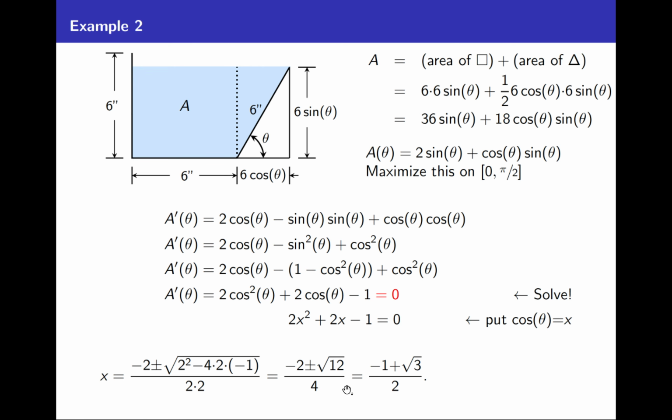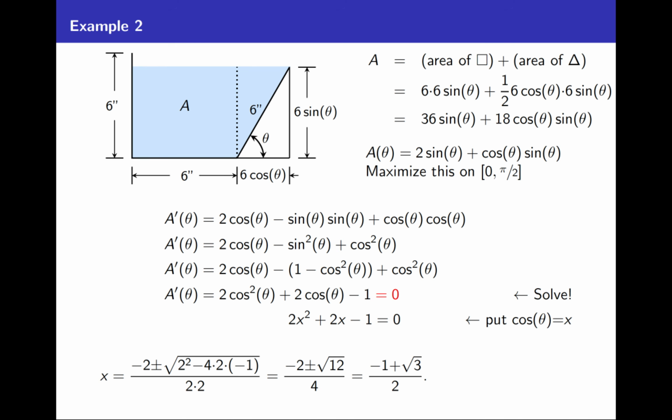Okay, so we've just figured out that in this equation, the solution that we get is x equals negative 1 plus the square root of 3 over 2. Now remember what that means. It means that cosine theta equals x. In other words, cosine theta equals negative 1 plus square root of 3 over 2.